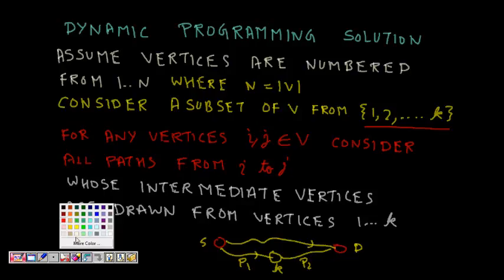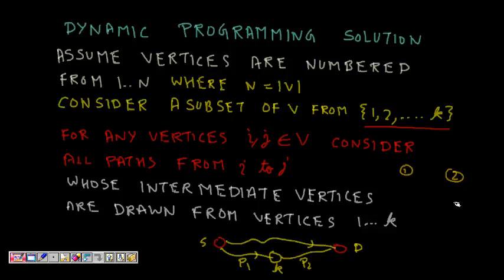What this really means is that, let's say I have just 4 nodes: 1, 2, 3 and 4, and I am asked to find the shortest path from 1 to 4. Let's say the path should only use intermediate nodes from 1 to k, where here k is 2.